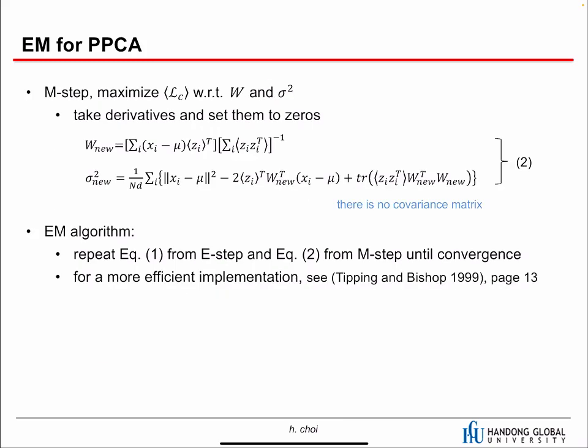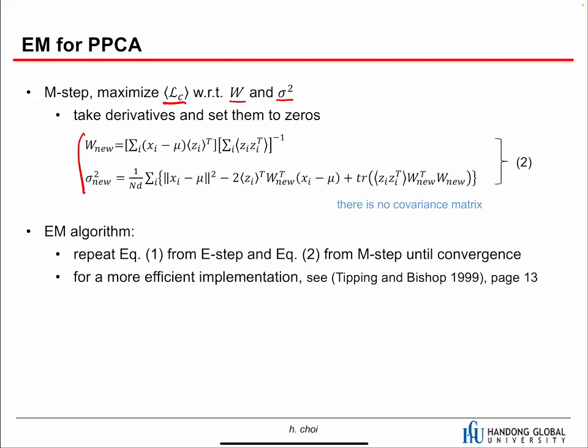Now in the M step, we have to maximize this expectation with respect to W and sigma square. Again, in the E step, W and sigma square were fixed. And now we have to update W and sigma square, take a derivative and set them to zero, then we can get this. If you check these equations, there's no covariance matrix. That is the beauty of the EM algorithm.